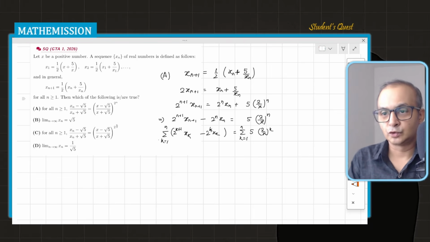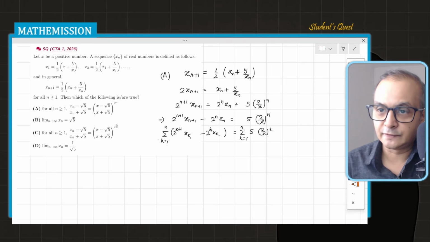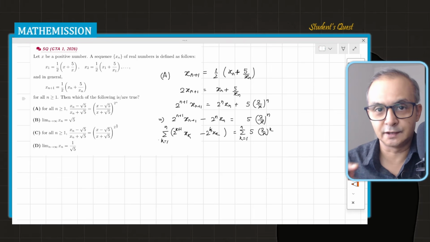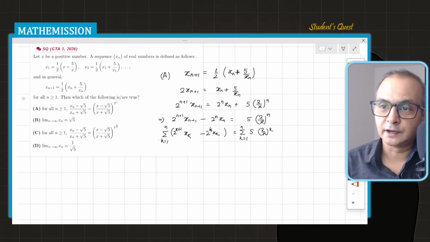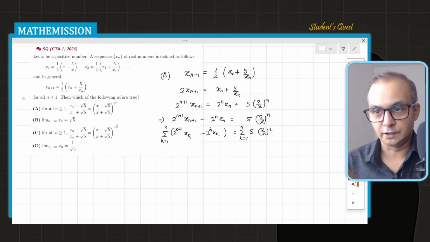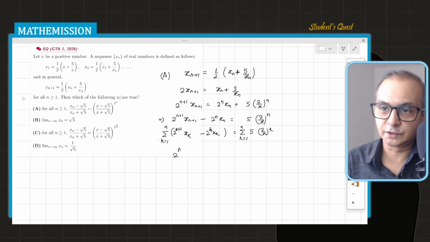So if you do this, the left hand side will leave only the first term and the last term, meaning the value at n and the value at 1. So this will give you 2 to the power n plus 1 xn plus 1 minus 2 to the power 1 x1.